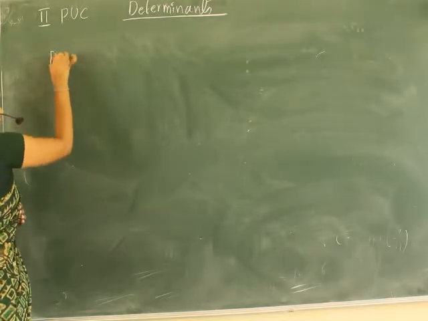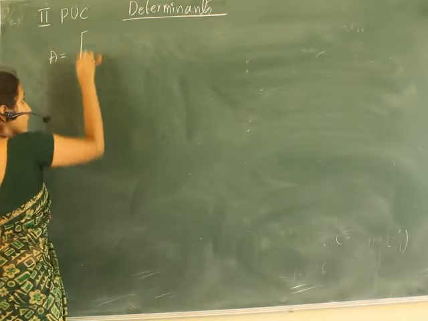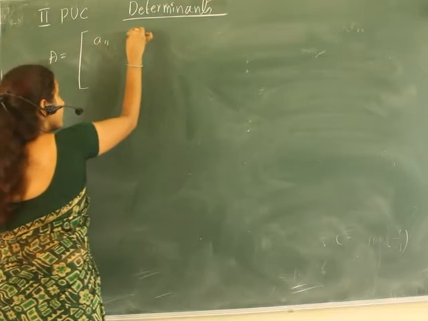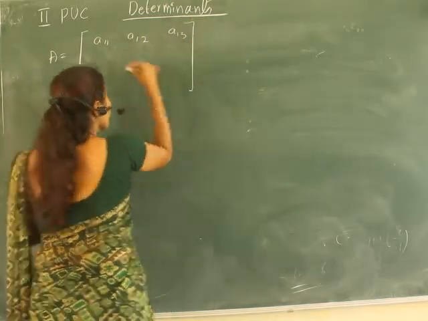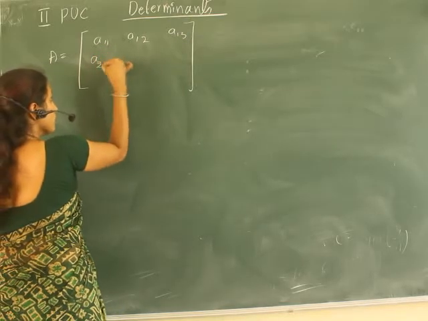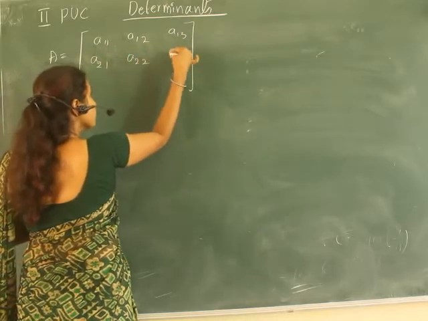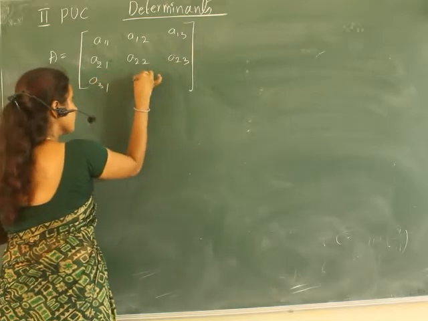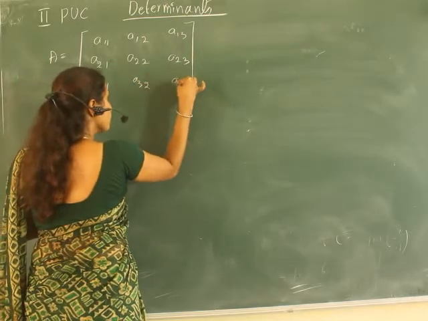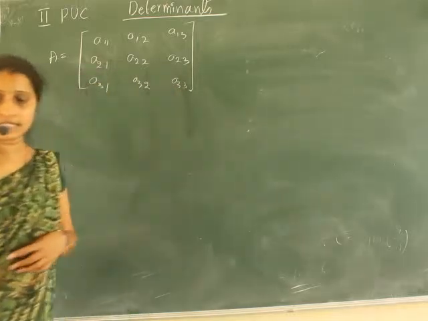So if I write matrix A is equal to A11, A12, A13, A21, A22, A23, A31, A32, A33. Suppose this is a matrix.